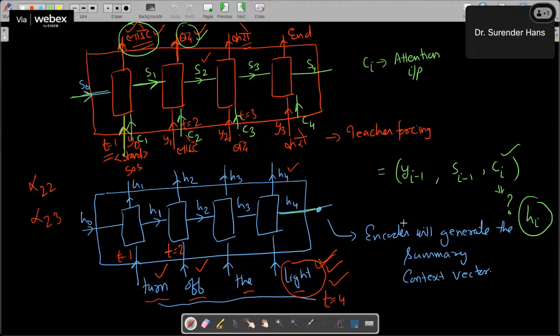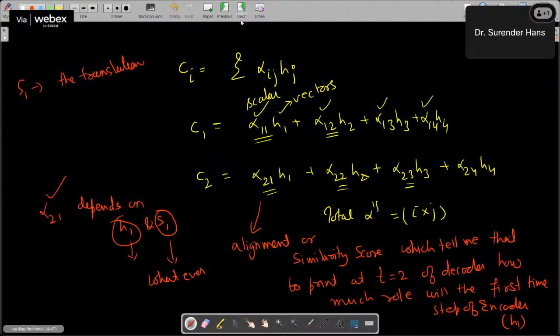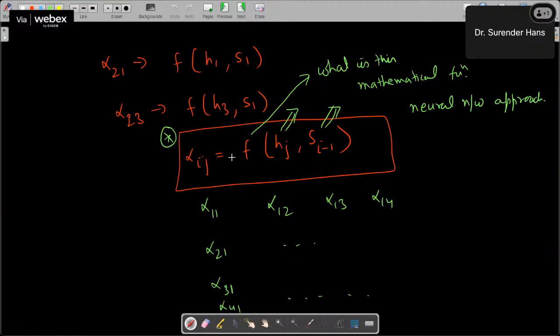Okay. So now let us understand how to generate this alpha. This alignment score, the similarity score. So this C i is the sum of alpha ij and hj. Clear?